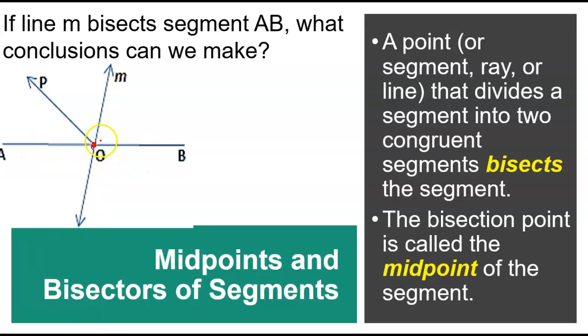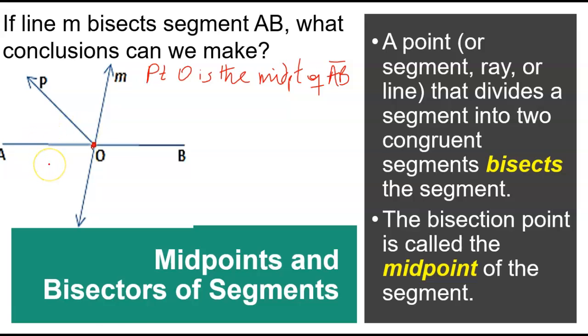For sure, since the line M passes through point O, and point O is on segment AB, then point O is the midpoint of segment AB because it is the bisection point.